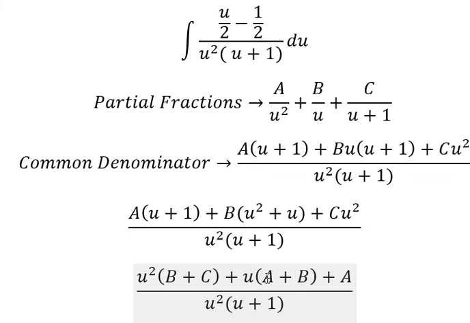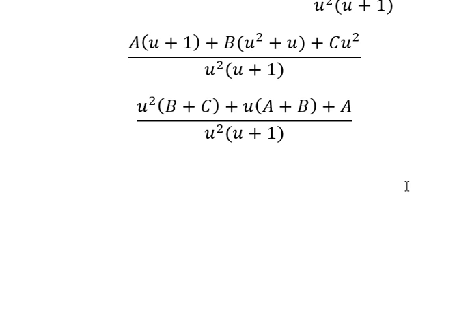About u, we have a plus b, but in here we have 1 over 2. So a plus b equals 1 over 2. About the number, it equals negative 1 over 2. And now we create the system of equations.